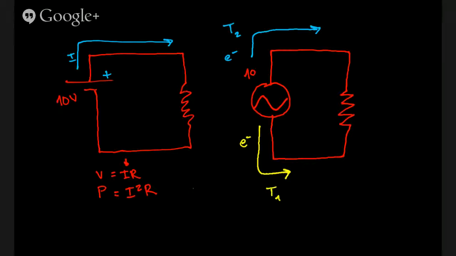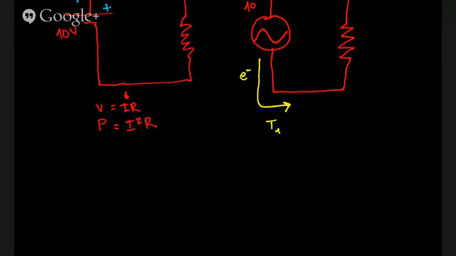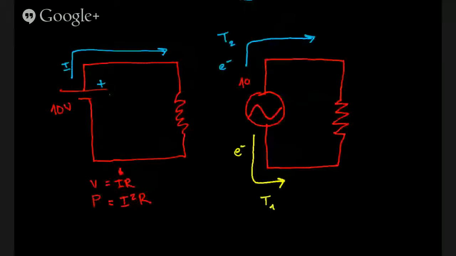Let's look at some waveforms. So say we take our probes, we'll get a different color going on here. We'll probe here and here between these two points.